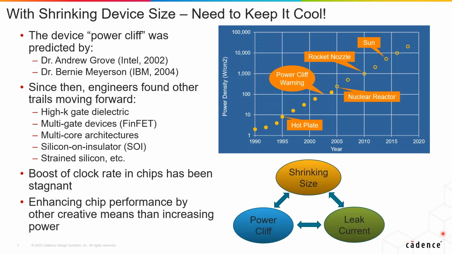But above all, the enhancement of chip performance is not only focused on clock rate increases or on increasing power. We leverage different blocks and heterogeneous integration along the way. But the thermal issue will never go away, in my opinion.